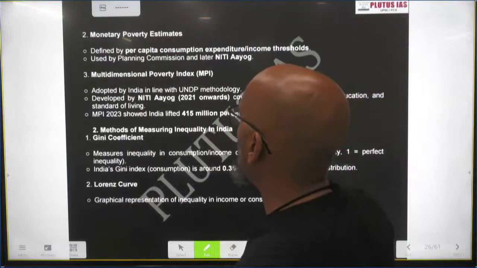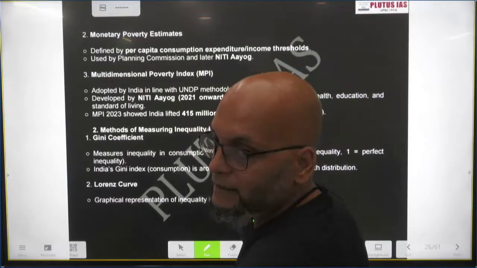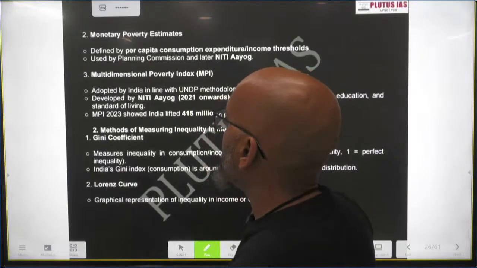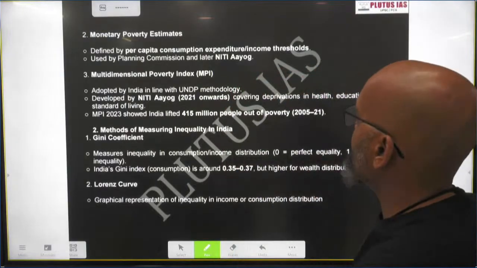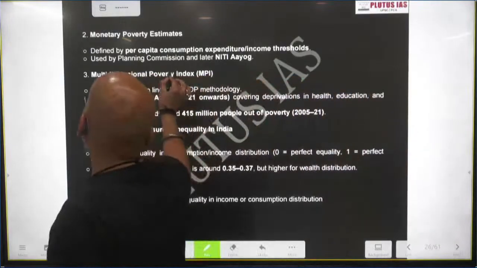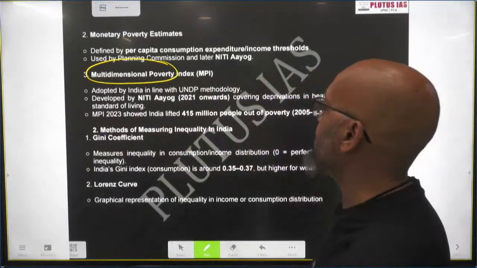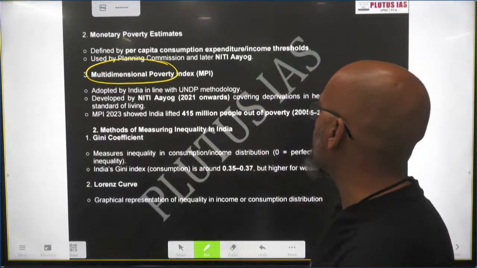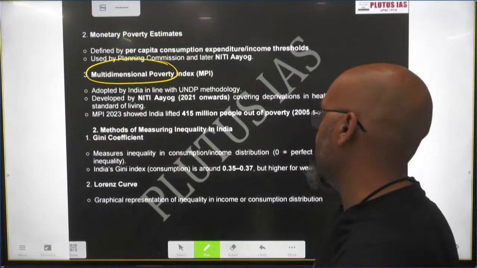Then monetary poverty estimates are defined by per capita consumption expenditure and income thresholds, used by the Planning Commission and later Niti Aayog. Then the multi-dimensional poverty index, also called MPI, adopted by India in line with UNDP, the United Nations Development Programme. The multi-dimensional poverty idea was given by UNDP, developed by Niti Aayog from 2021 onwards, covering deprivation in health, education, and standards of living.